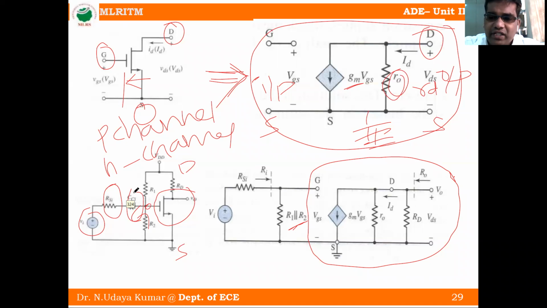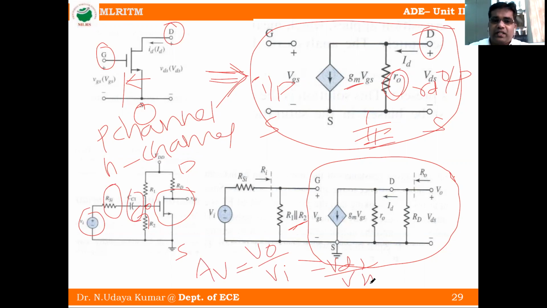Voltage gain, that is AV, is denoted by output voltage V0 by input voltage. Here what is the output voltage? Output voltage is VDS. And what is the input voltage here? VGS. Likewise, we have to calculate all the parameters in small signal analysis.